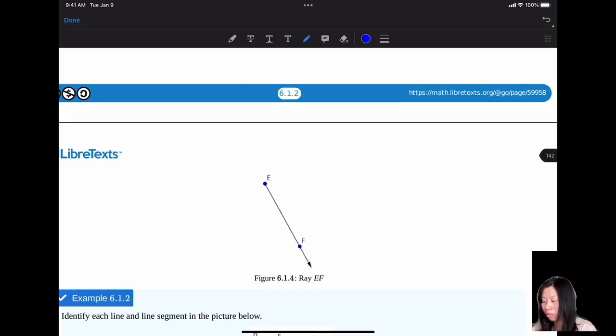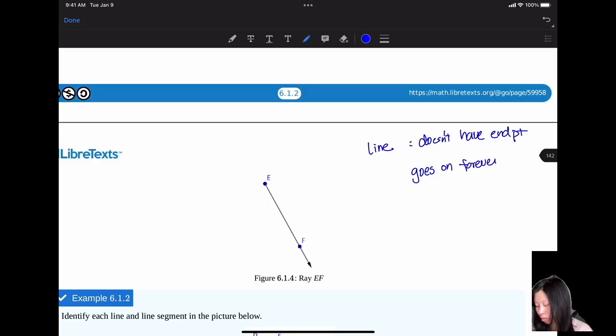So a line doesn't have endpoints, and it goes on forever in two directions. Whereas a ray goes on forever in one direction.